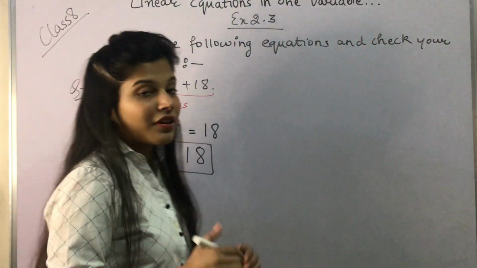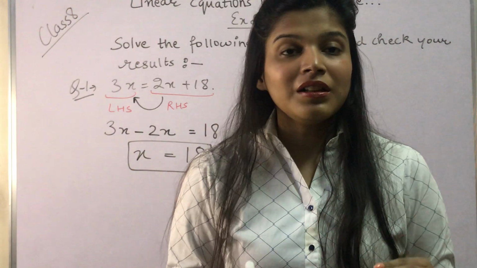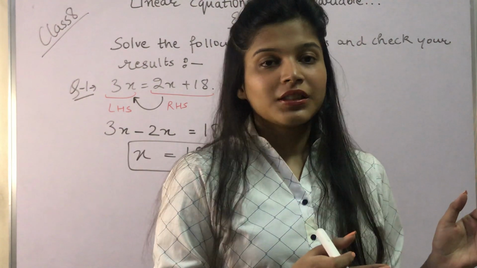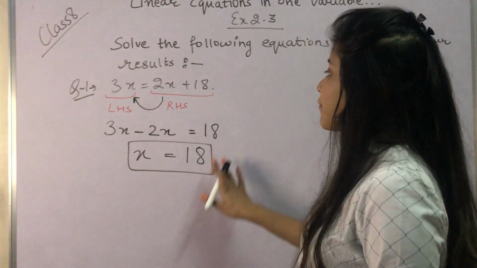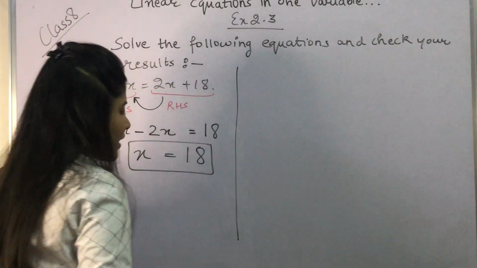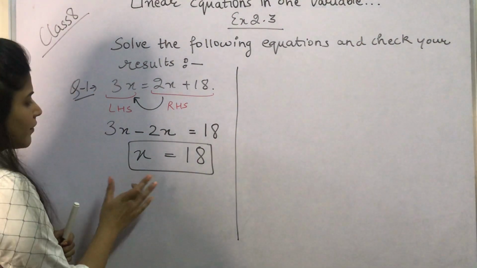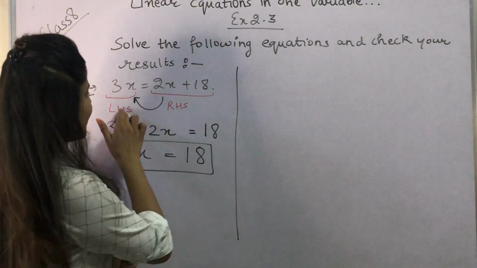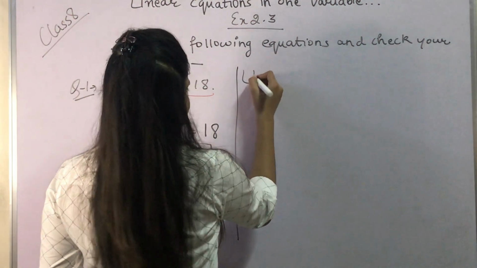So what we did, we transposed the variable part to one side. Alright, but now we have to check also. So in order to check whether our answer is right or not, we will put the value of x in LHS and RHS separately.